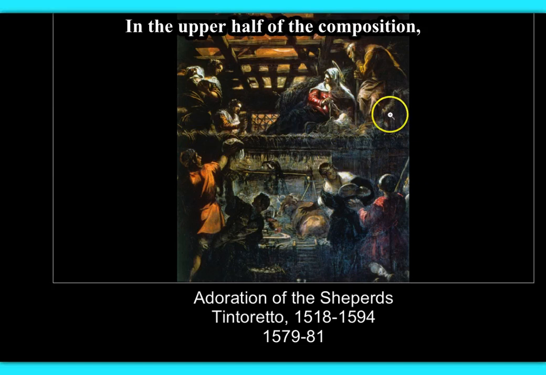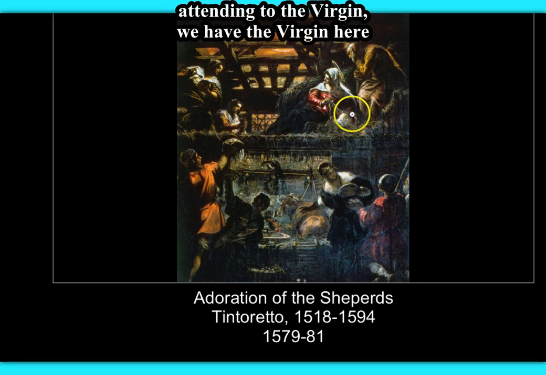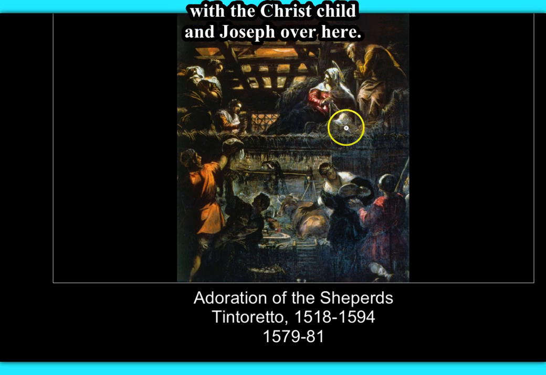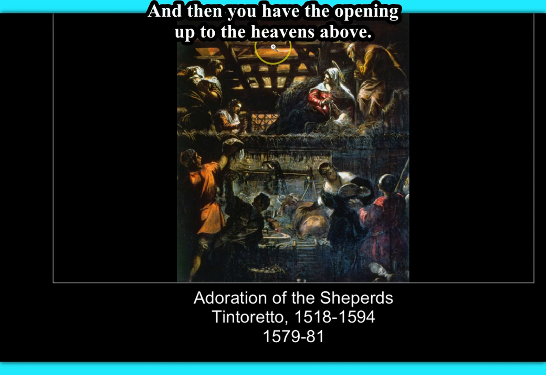In the upper half of the composition, we have two female figures here that are attending to the Virgin. We have the Virgin here with the Christ child and Joseph over here. And then you have the opening up to the heavens above.